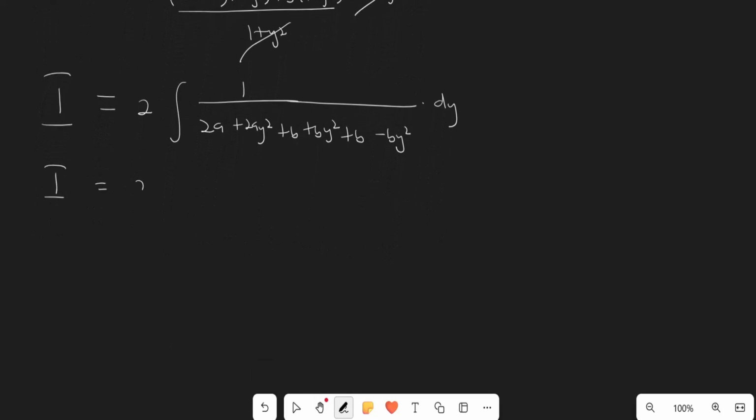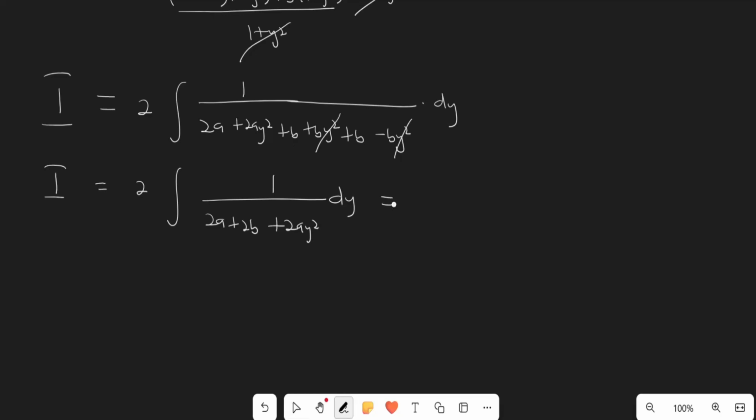So I is going to be 2 times the integral of 1 all over, and some things will cancel. This by squared is going to cancel this negative by squared, and then you have b plus b, which is 2b, and then it's 2a plus 2b now, and then plus 2ay squared. This is what the denominator is left with.